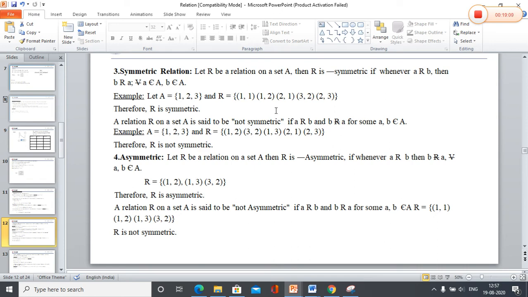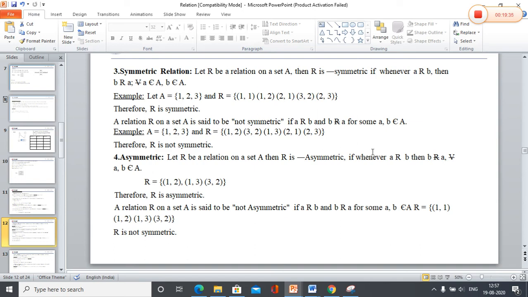Now (1, 2) is there, so then I will check for (2, 1); it should also be present. (3, 2) is there, so (2, 3) should also be present. For any other pair, I am not bothered. If (a, b) belongs to R, then (b, a) should also belong to R. Okay, that is a symmetric relation.